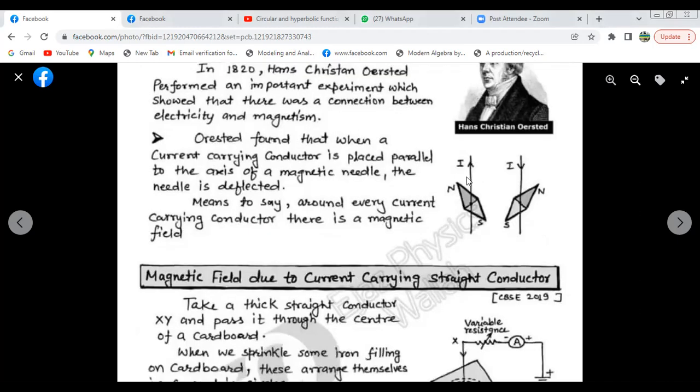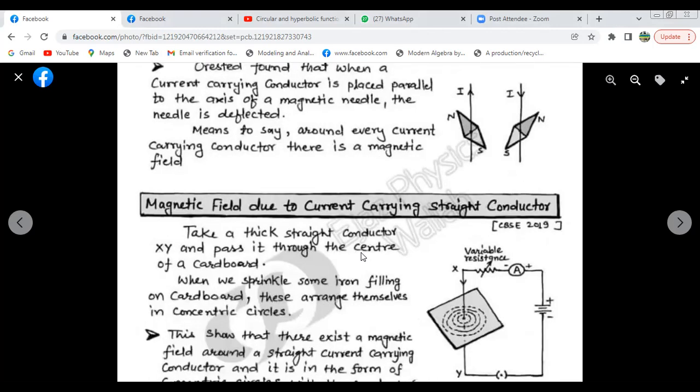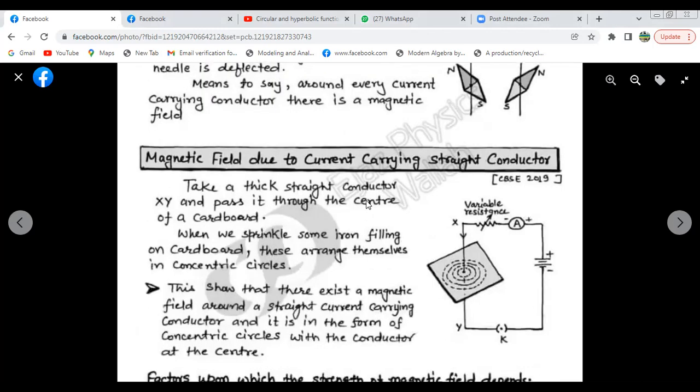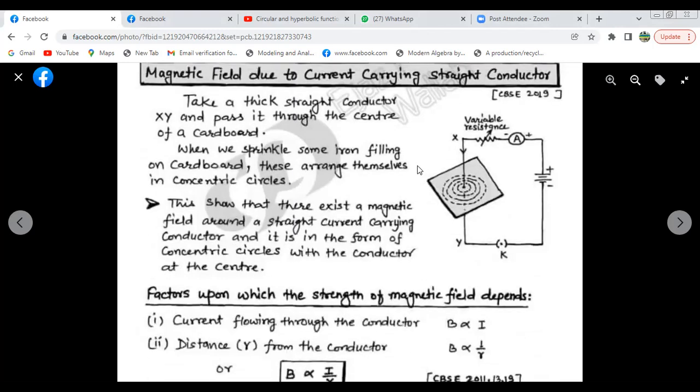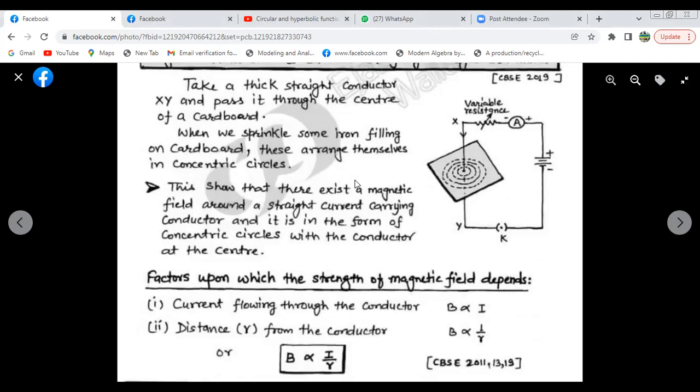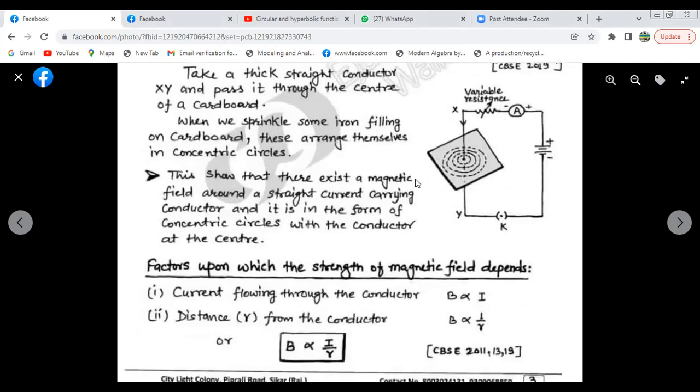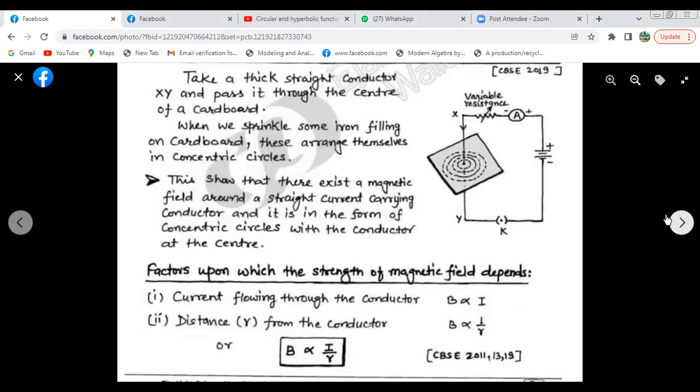It is perpendicular to the current I. So if we place a magnet with south pole and north pole, it will be deflected. So, magnetic field due to a current carrying straight conductor: you have to remember these properties which Oersted showed.